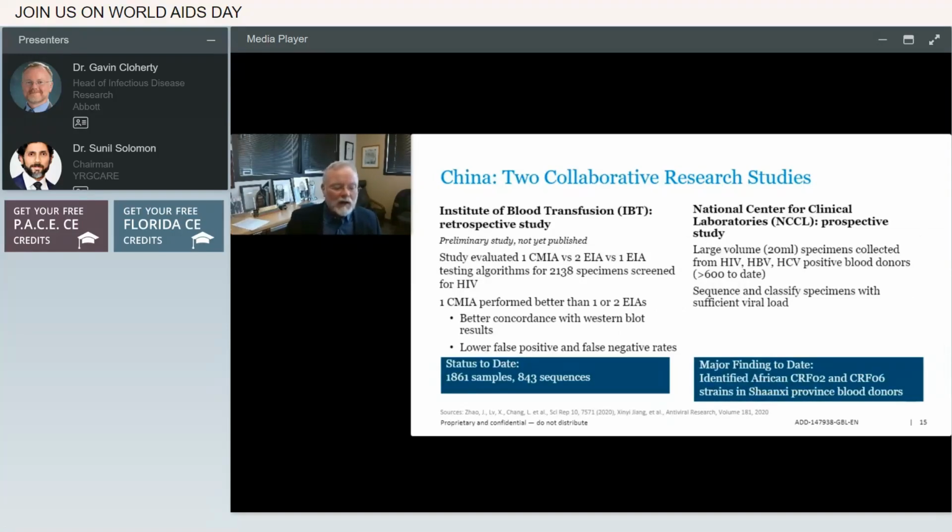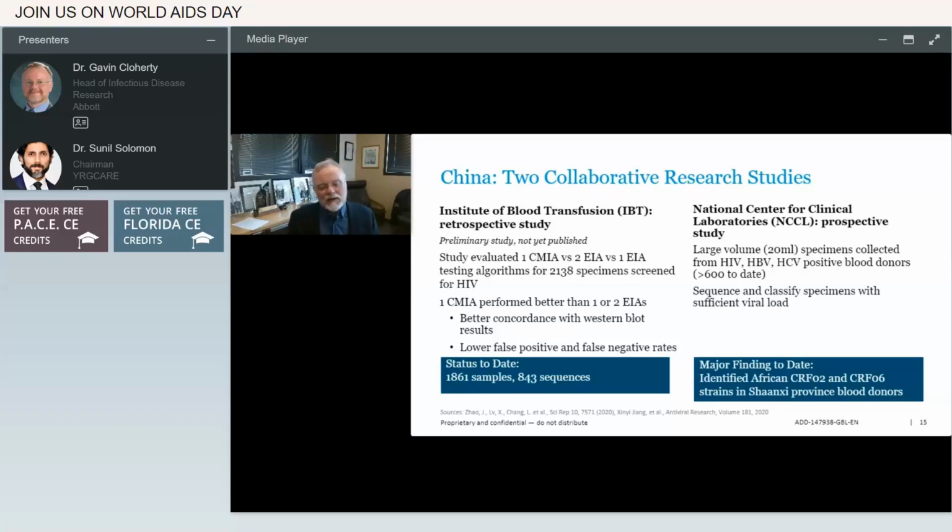Our work in China, working with blood transfusion services, we looked at the ability to accurately diagnose HIV with CMIA, such as the Architect HIV combo or Alinity HIV combo assay, or EIA assays, either 1 or 2 used in combination, with over 2,000 specimens. And in this study, the CMIA assay performed better than either 1 or 2 ELISA assays, better concordance to Western blot with fewer false positives or false negatives.